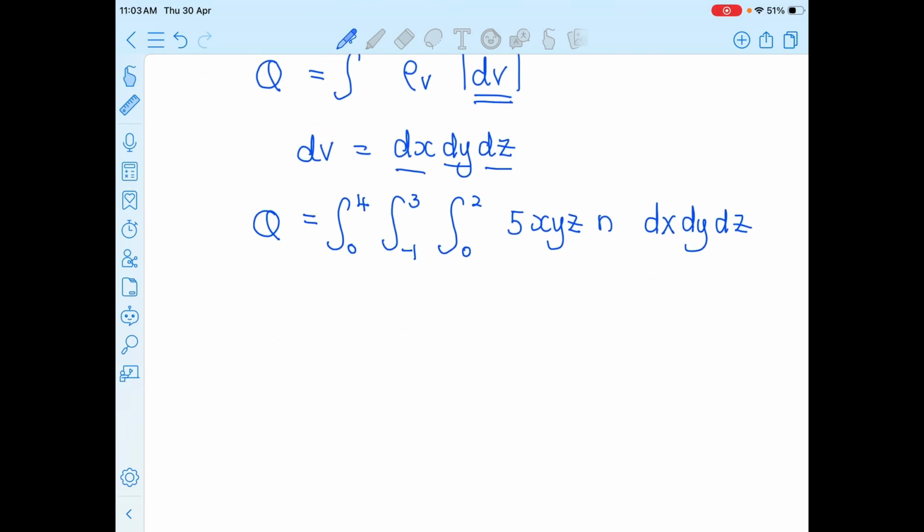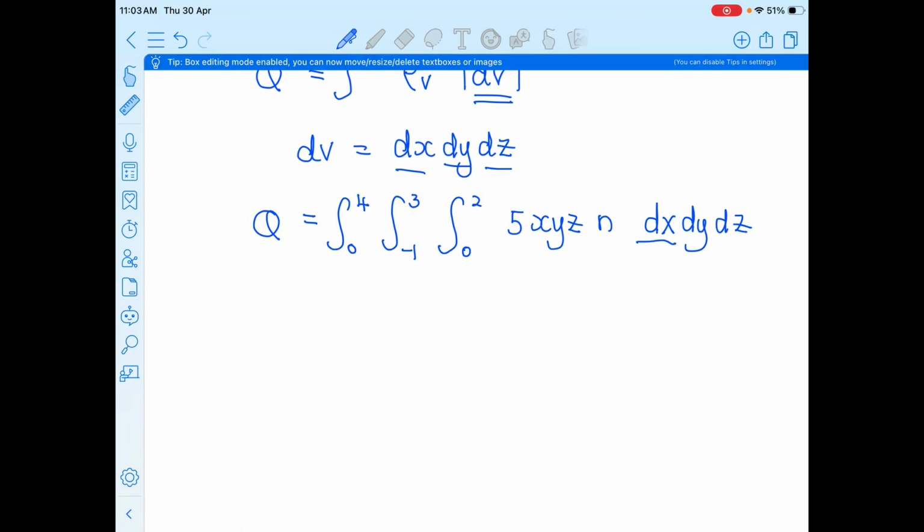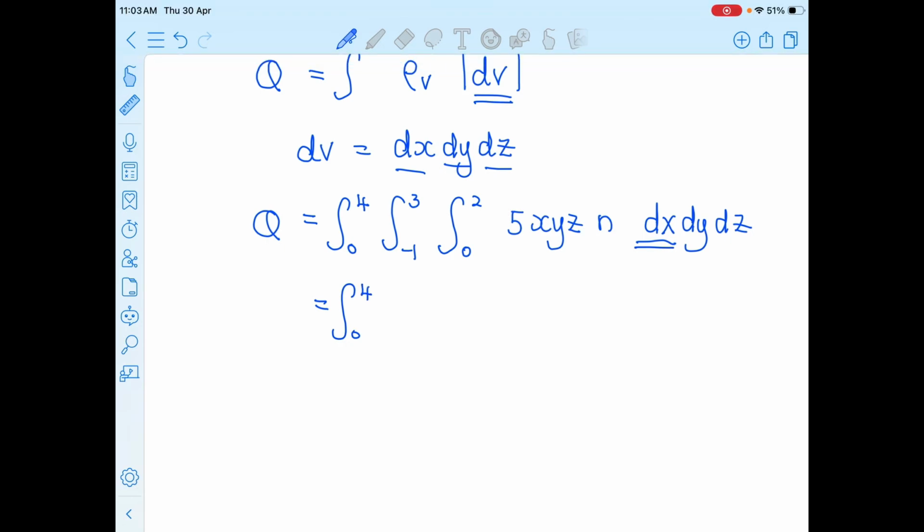Next is to perform the integration with respect to x. While we're performing the integration with respect to x, the other parameters are all constants, so I will move 5yz nano out and focus just on x.